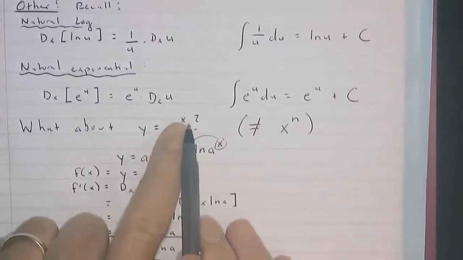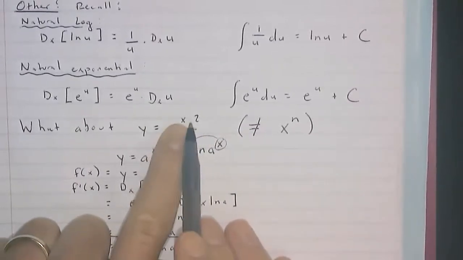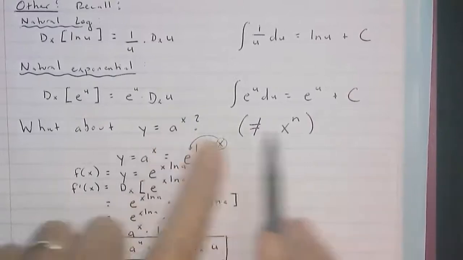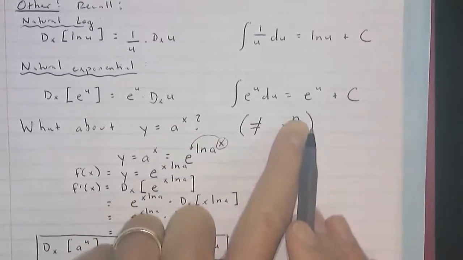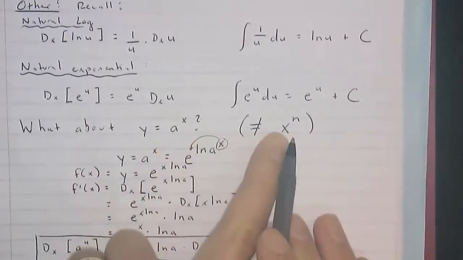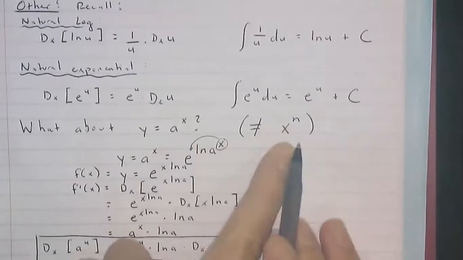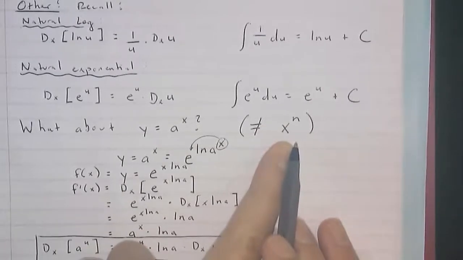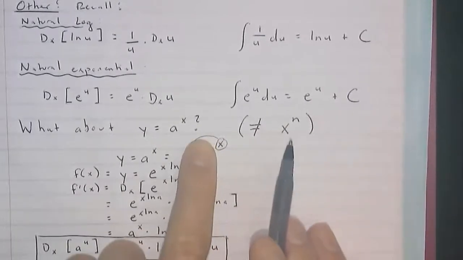These are two different functions. Here, the dependent variable is our exponent. Here, our exponent is fixed, and what's changing is our base. Exponential, power. Exponential, cube root, 4th root, 7th root. These are different functions.